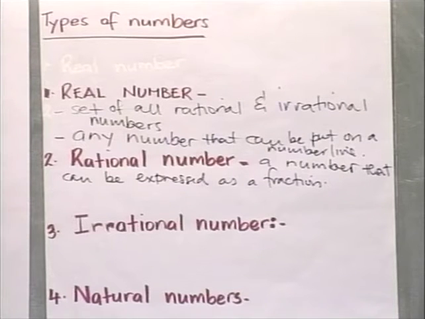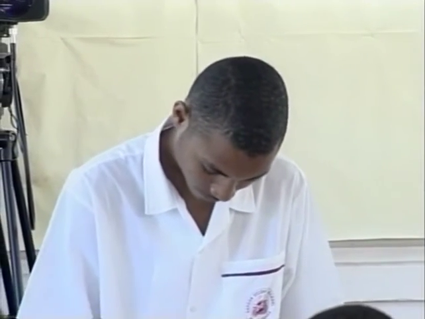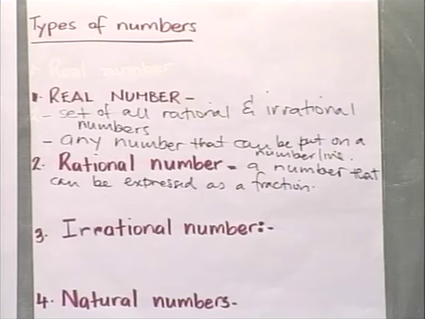Yes. Why is 2 a rational number? Because it can be expressed as a fraction. Okay, so 2 can be written as a fraction, how? By 2 over 1. Very good. So any number that can be written as a fraction is called a rational number.